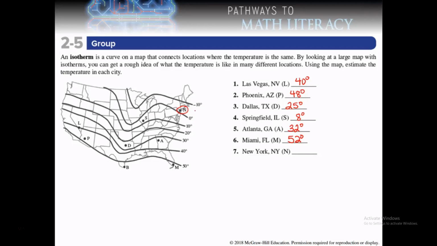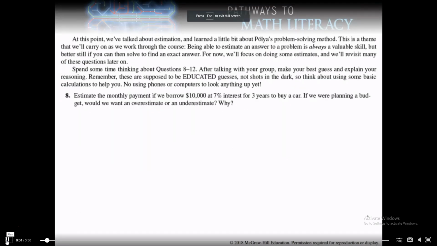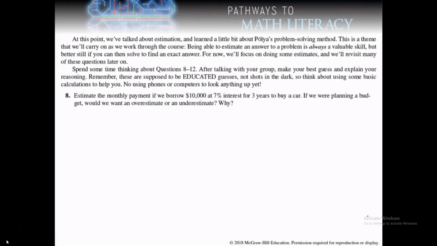In 8, we're supposed to estimate the monthly payment if we borrow $10,000 at 7% interest for 3 years. So just as an estimate, we can start off by calculating how much interest would accumulate if we didn't make any payments at all for 3 years.